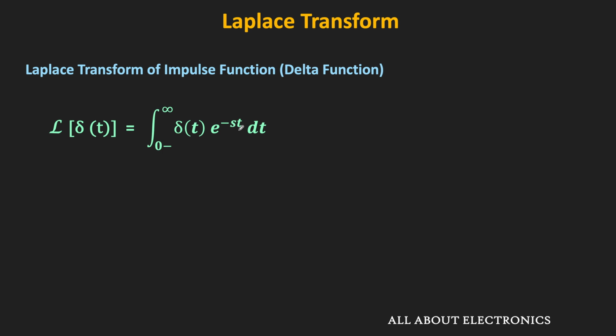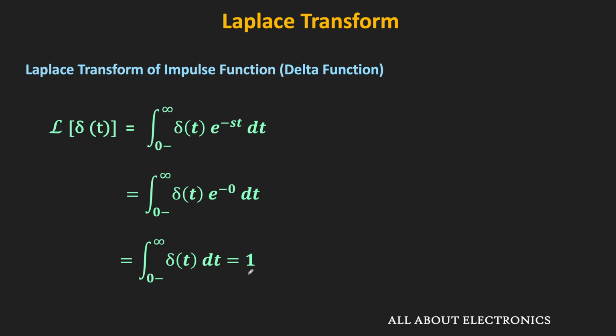So here it will give the value of e to the power minus st at t equal to 0. As you know, e to the power minus 0 is equal to 1. And therefore, we will have the integration from 0 minus to infinity of delta of t times dt. And as you know, that is equal to 1.